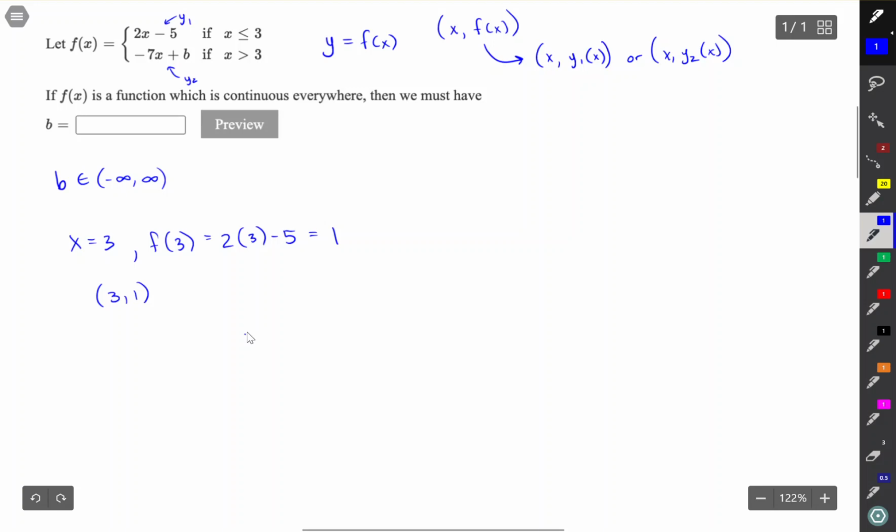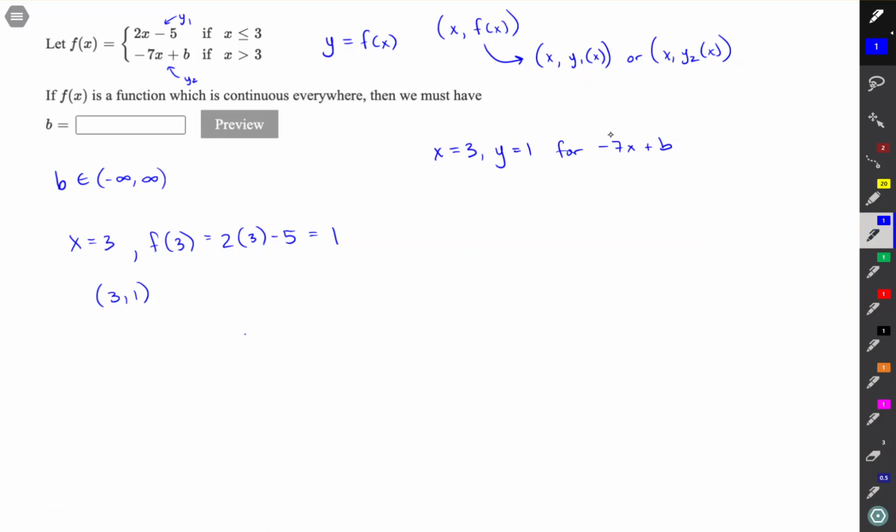So the x value is going to be 3, but what we want is the y value to be 1 for the function negative 7x plus b. Now remember, this right here is a y value.